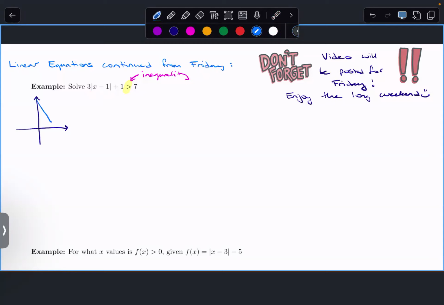It is helpful to know what this looks like, just so you can check your work, but you don't have to.